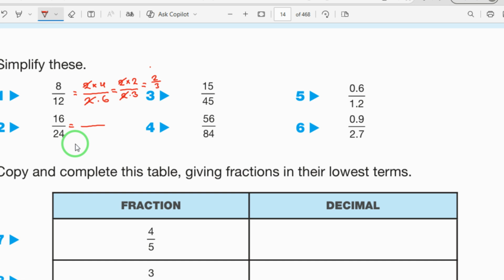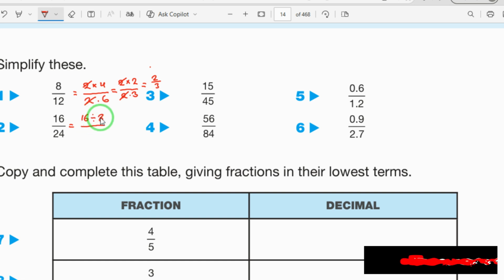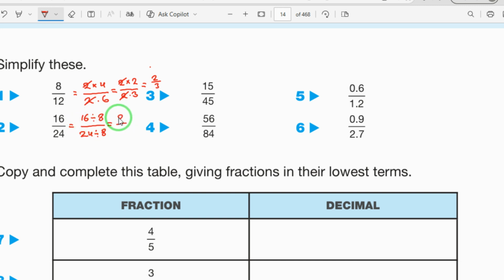Also you can use the second method. Instead of multiplying, we use the properties of fractions. We can divide both numerator and denominator by this common factor. Here we can write 16 divided by 8, and also 24 divided by 8. 16 divided by 8 gives us 2, because 2 times 8 is 16.